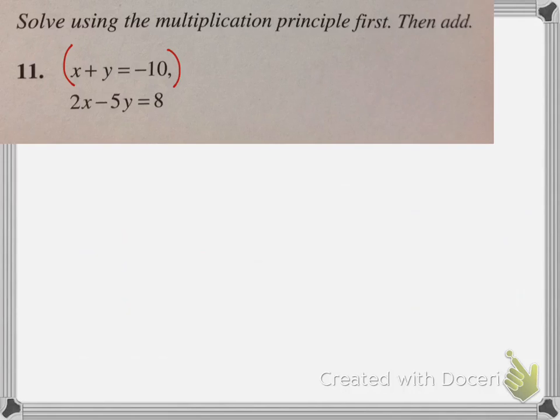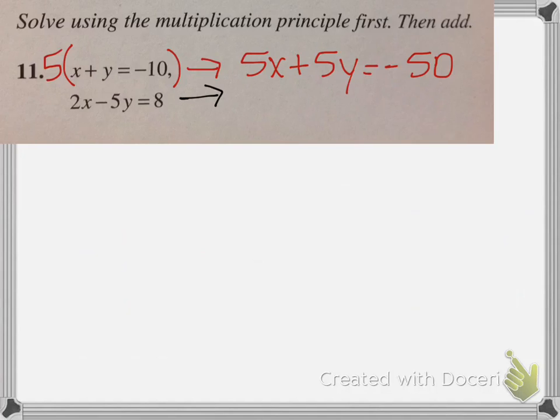I'm going to go ahead and multiply by 5 because I already have my opposite signs. I already have a plus and a minus, so that's the only reason why I picked that. But you could eliminate x's by multiplying everything by negative 2. This is going to give me a new equation of 5x plus 5y equals negative 50. This is a new equation, but it's still equivalent.